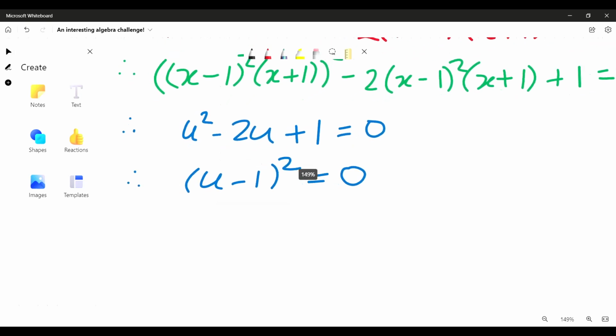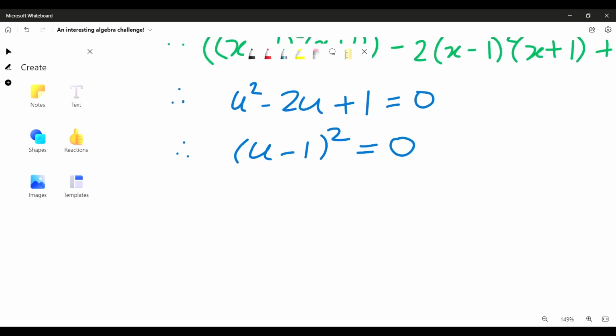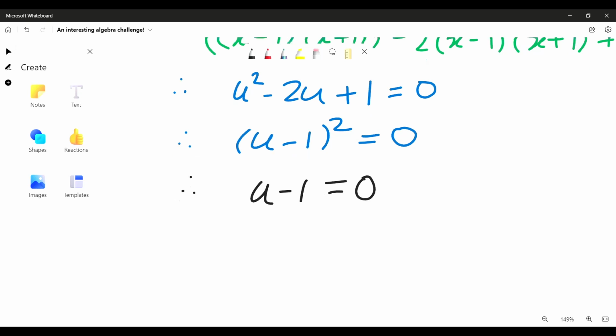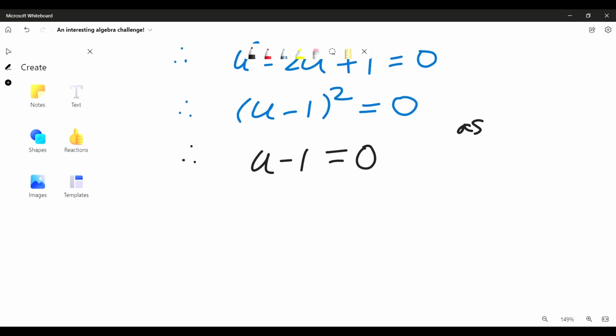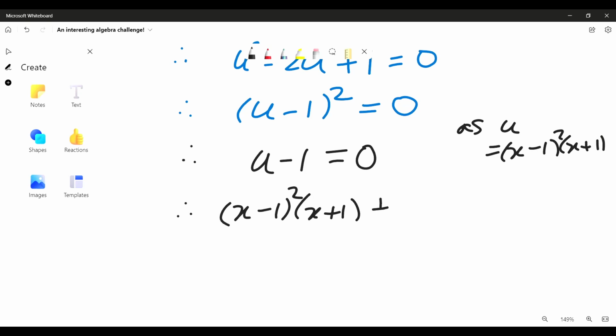Let's zoom in. We can go into black again. So we have u minus 1 is equal to 0, since the square root of 0, plus or minus 0, is just 0. Now we can replace it again: u is equal to (x minus 1) squared times (x + 1). This implies that (x minus 1) squared times (x + 1) minus 1 is equal to 0.